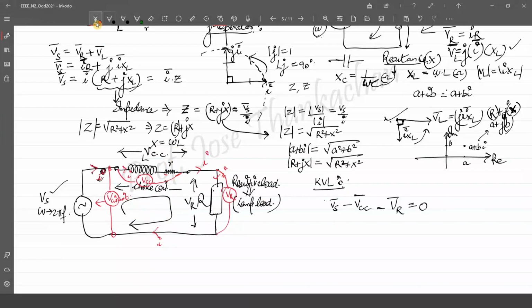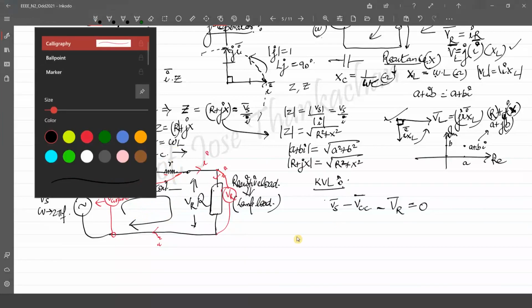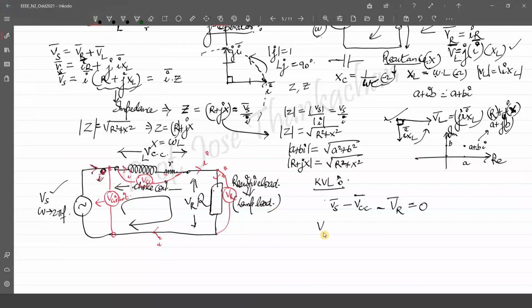So what is VCC, the voltage of the choke coil? That is the total potential difference between these 2 points, isn't it?